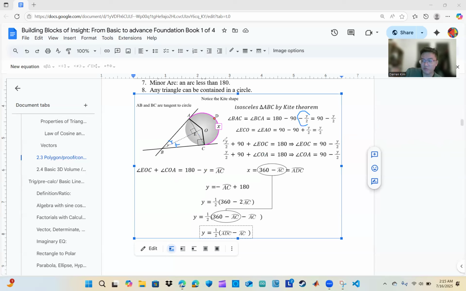If you actually do the proof, you'll figure out that one of the proofs you can do is that this is a bisector, by congruency. And then this is y divided by 2, y divided by 2. And if you simplify that, it's 90 minus y divided by 2. Next, since we figure out this is 90 minus y divided by 2, we can subtract 90 from it to get over here y divided by 2.